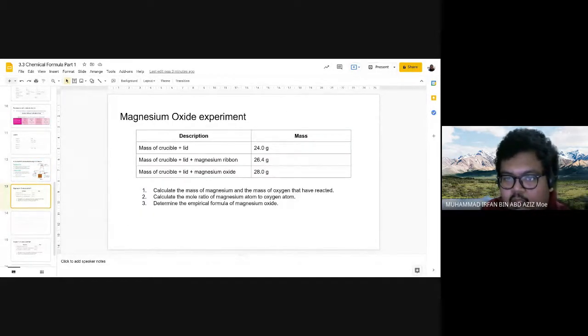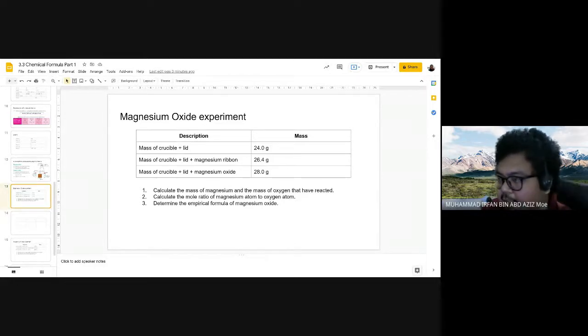So untuk ni, that's why I need to show video tapi tak sempat lah. Try to do this question dulu. Okay, boleh, you can use this method.